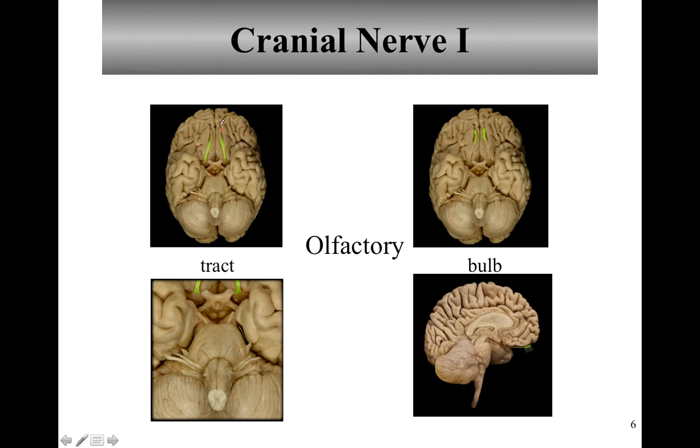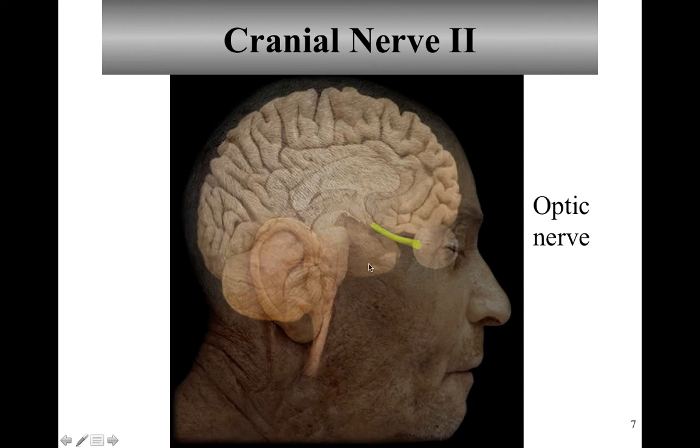So this one goes from the olfactory bulb to the brain. Cranial nerve 2 is the optic nerve, also a sensory nerve, transmitting from the eye back to the brain, eventually to the occipital area.